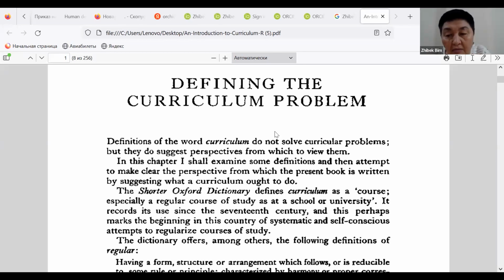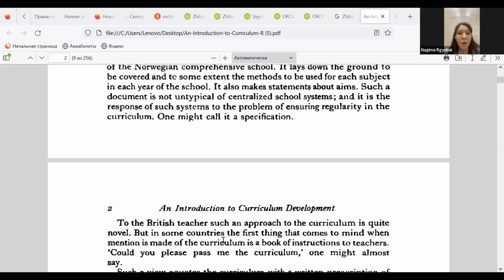Firstly, in this chapter, I shall examine some definitions and then attempt to make clear the perspective from which the present book is written by suggesting what a curriculum ought to do. The Shorter Oxford Dictionary defines curriculum as a course, especially a regular course of study.